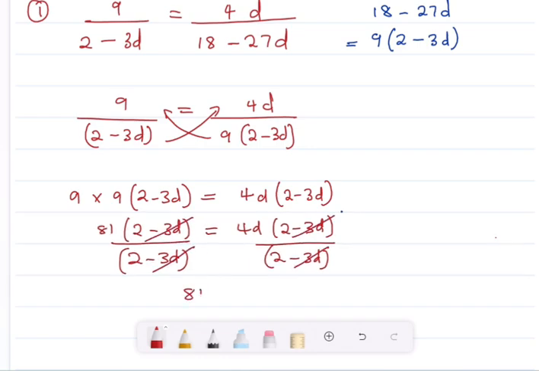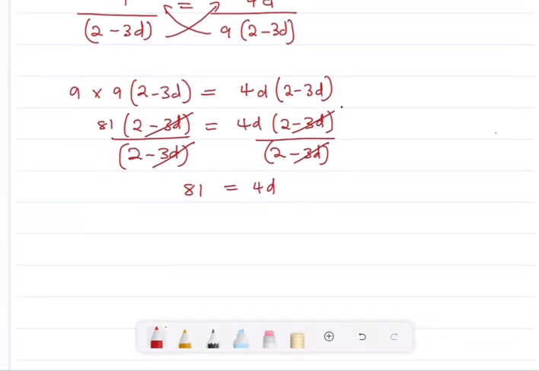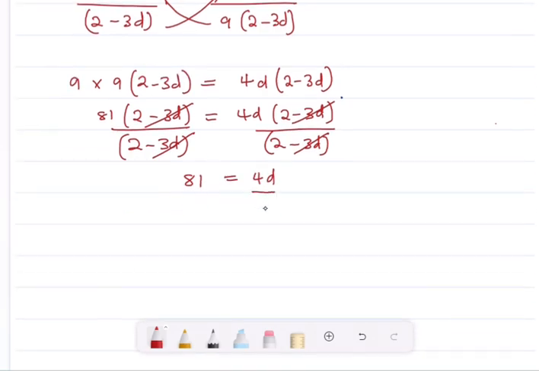So you're now left with 81 equals 4d there. Then you can probably divide both sides by 4, divide by 4. Okay, so which means d is equal to 81 over 4. And of course we know that we have 20 remainder 1 over 4 here equals d.